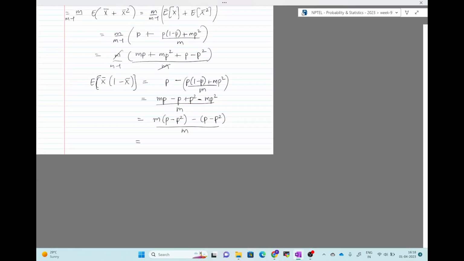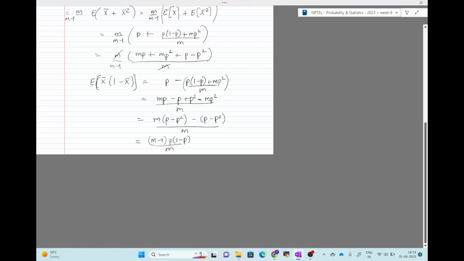So this is equal to m minus 1 into p into 1 minus p by m. So expectation of this is giving us this.